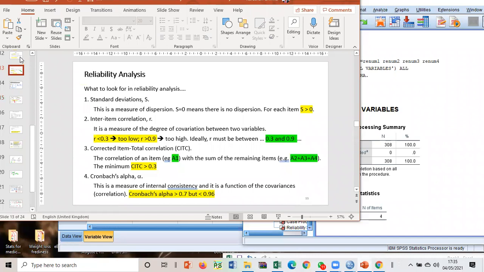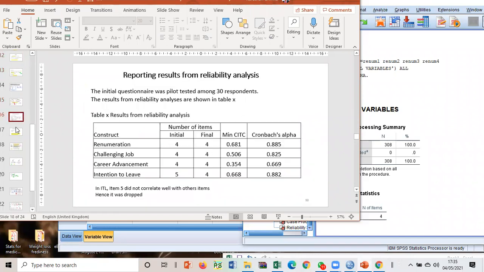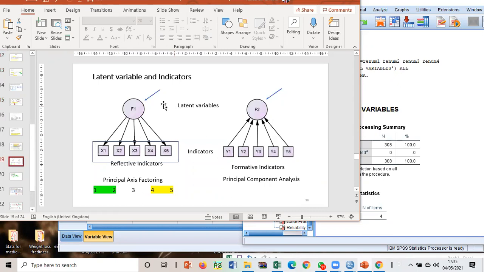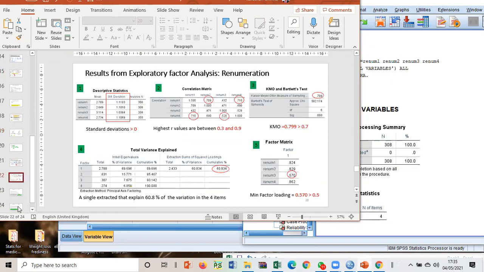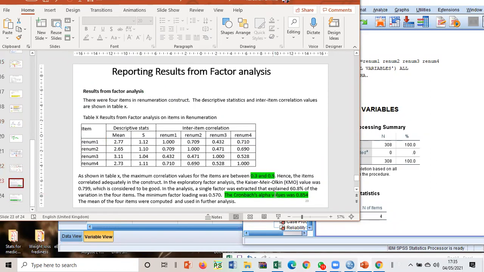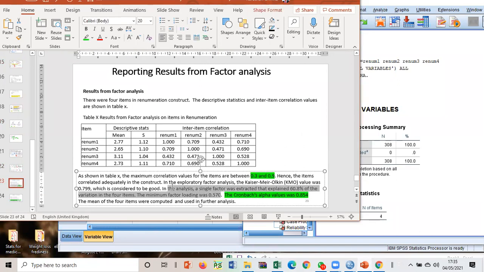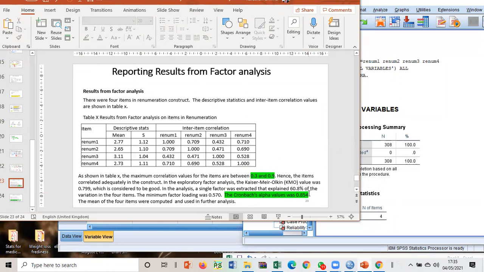They are corrected for each other. Whereas Cronbach alpha is based on pairwise correlation. So scores from factor analysis are stronger compared to this. But some authors or researchers still want this, so give it to them, no harm. All right. Thank you.